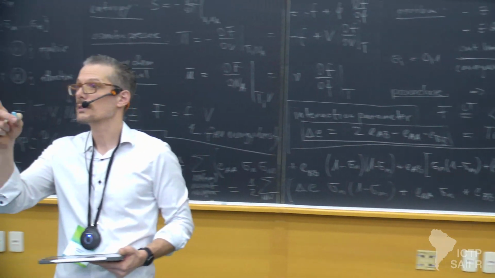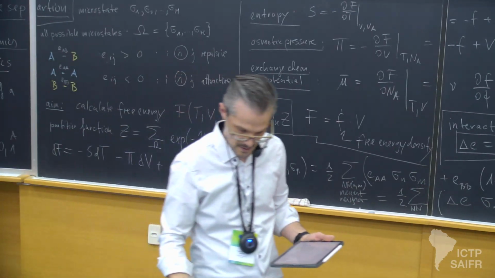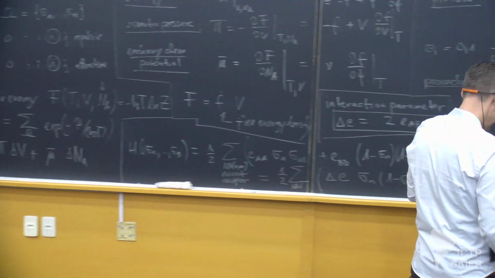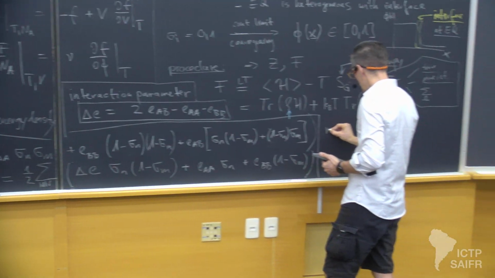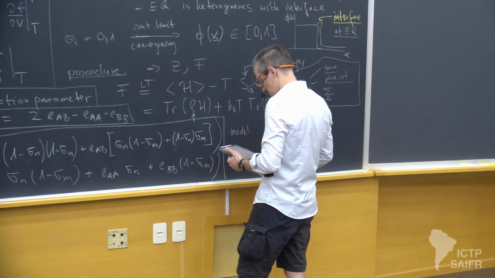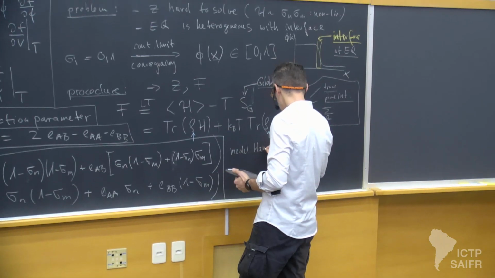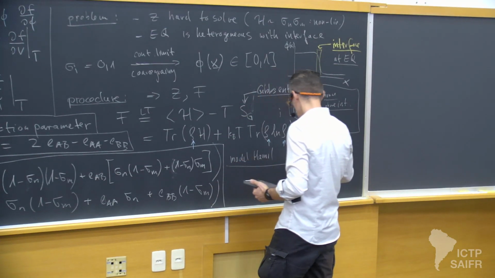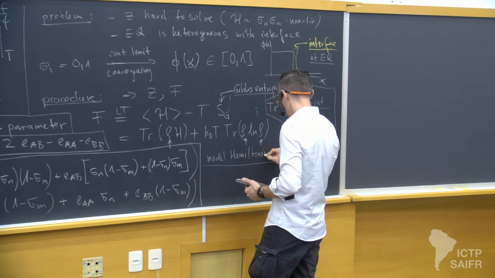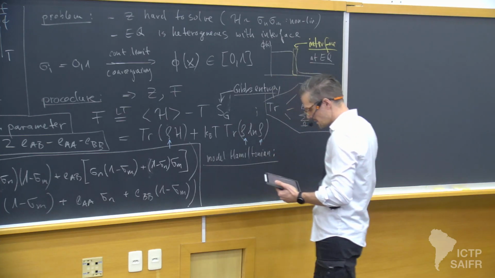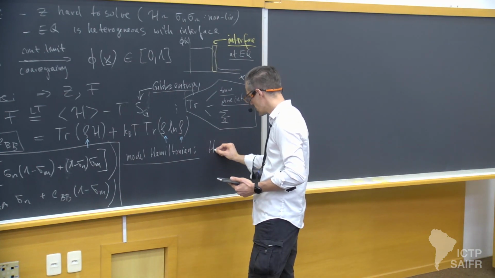Is there a question? No. Okay. So, what to do now? I can highly recommend Sam Safran's book here. We define a model Hamiltonian, which we call H naught.